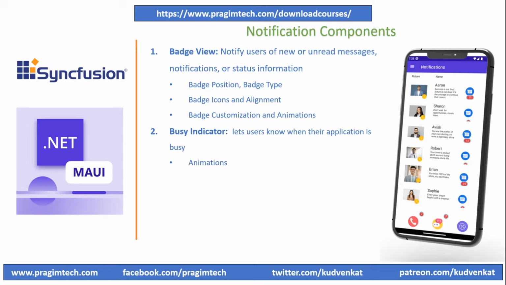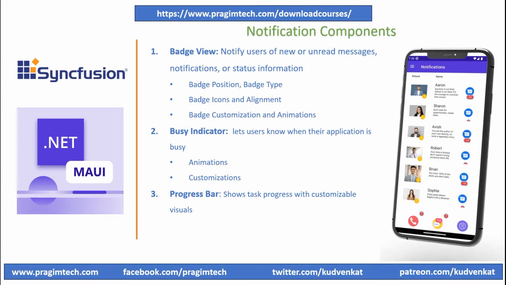The Syncfusion Busy Indicator control allows you to display an animated indicator, often in the form of a spinner or any custom animation, to signal that the application is in a busy state. This control can be customized in terms of appearance, animation, style, and size to match the overall look and feel of your application. By incorporating the busy indicator, you can ensure that the users are aware of ongoing processes and prevent any confusion or frustration caused by perceived inactivity.